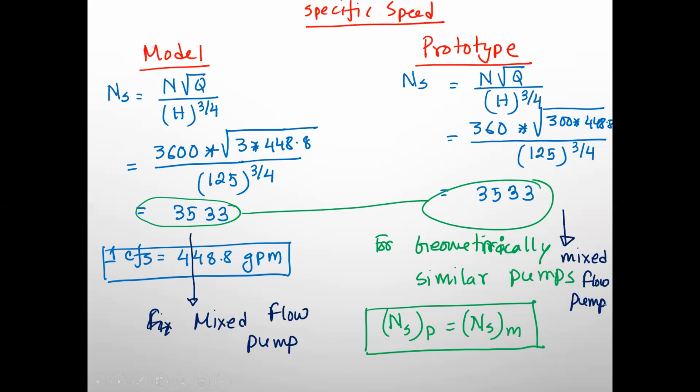So that's the class example about the geometrically similar pumps. If we know something about the model, how can we find the result for the prototype? So that was it.